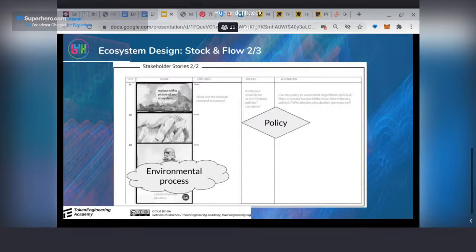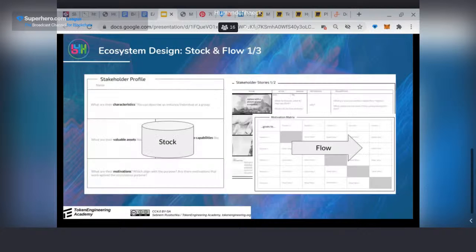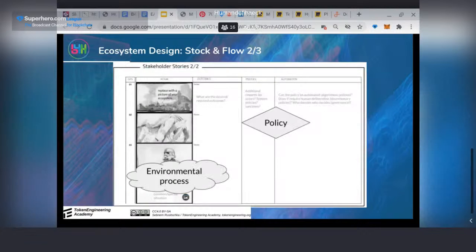After that, from your stakeholder stories, you will identify the policies, understood as even control mechanisms, if you want to, things that are measuring behaviors or measuring data, and depending on that input, the system will take the decision to do something or to do another thing.